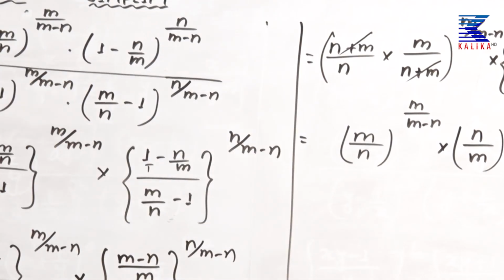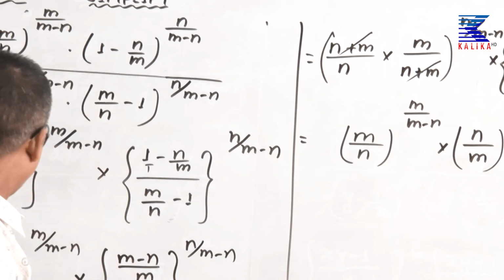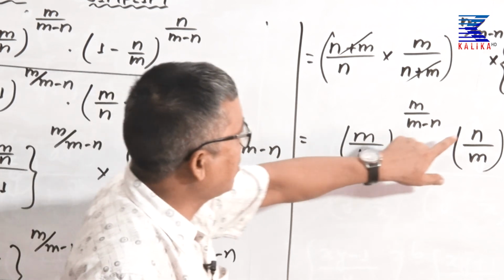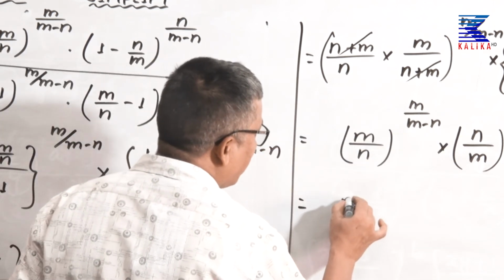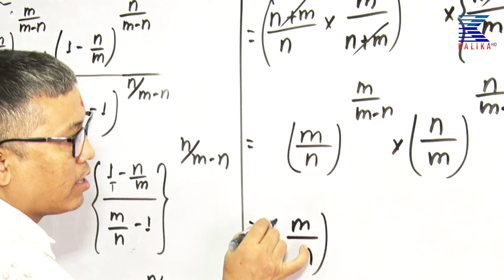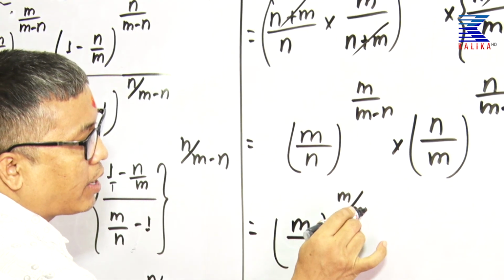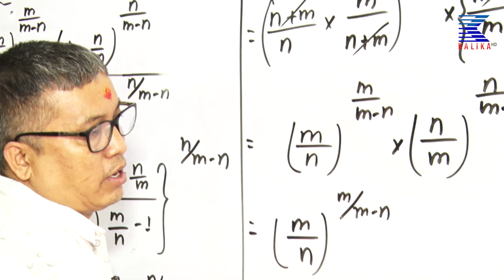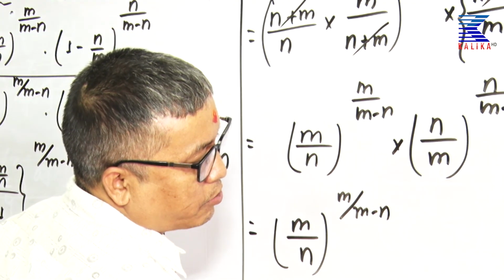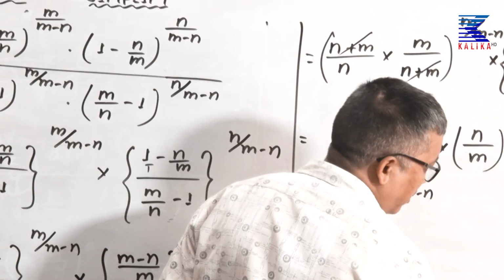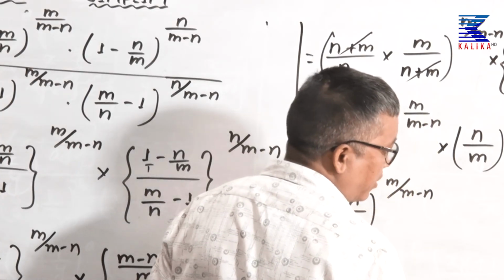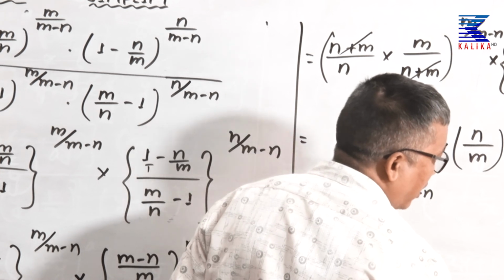Look there, m by n and n by m. What to do? Then m by n, m by m minus n. Okay, look here, (a/b)^2, if we write b by a, then the power will be negative.